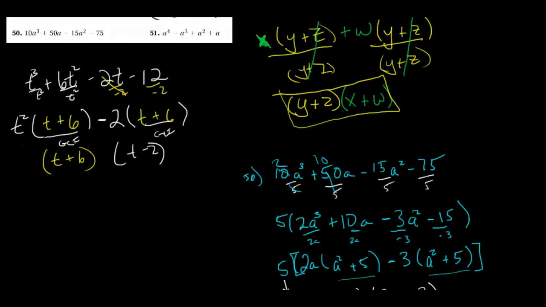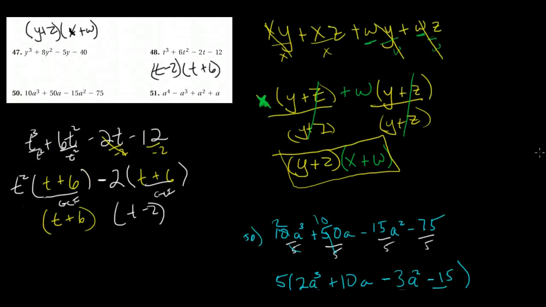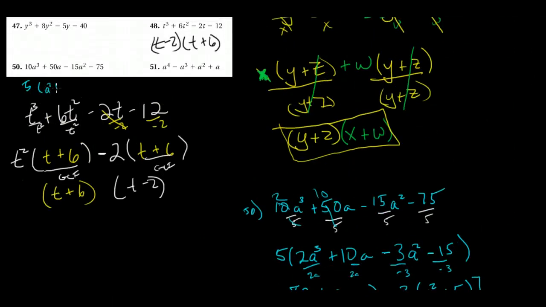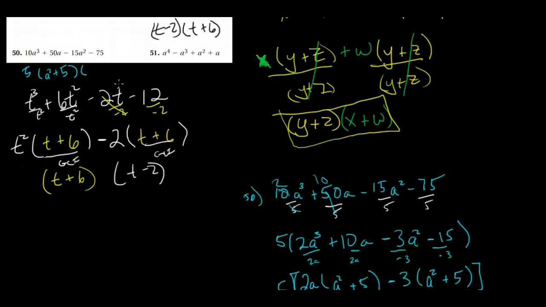So our whole answer here for number 50 is going to be 5 times the quantity a squared plus 5 times the quantity 2a minus 3, and that is now fully factored into really all prime numbers. This is a strategy we're going to employ a lot when we are factoring trinomials, and that will be in the next chapter.